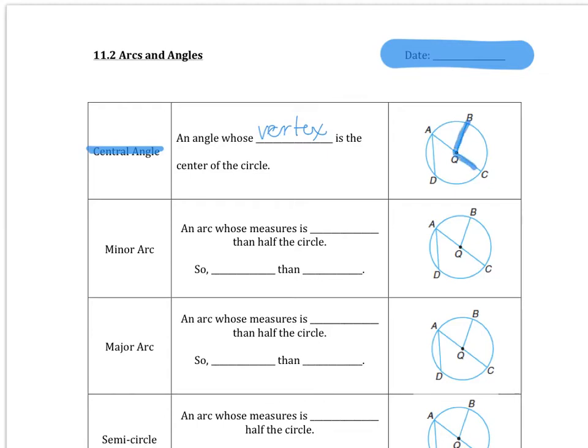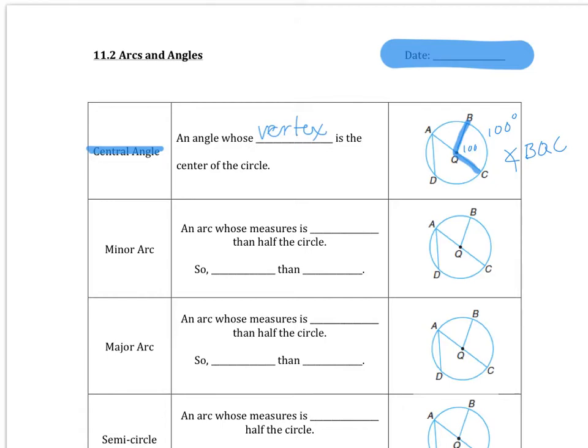This angle right here would be my central angle. If this is 100 degrees, then my arc measure is also 100 degrees. Name that angle BQC. Fix that here. Angle BQC.